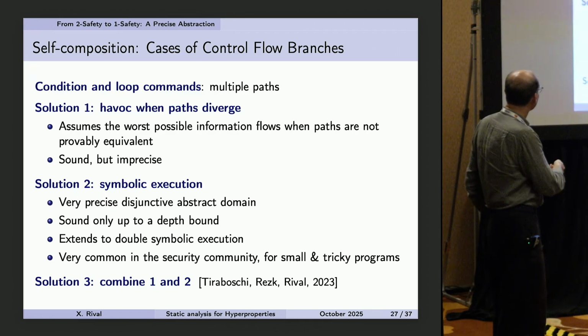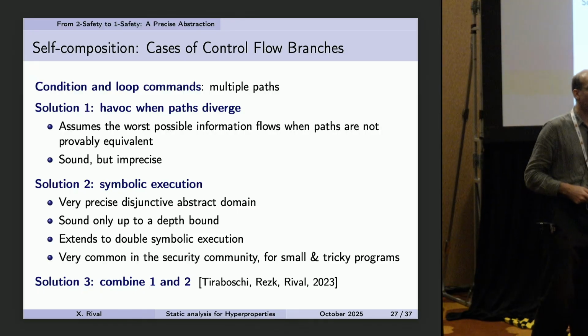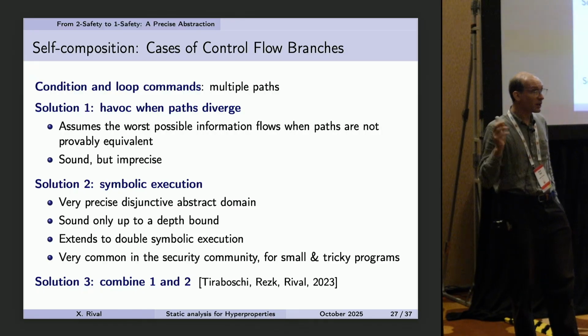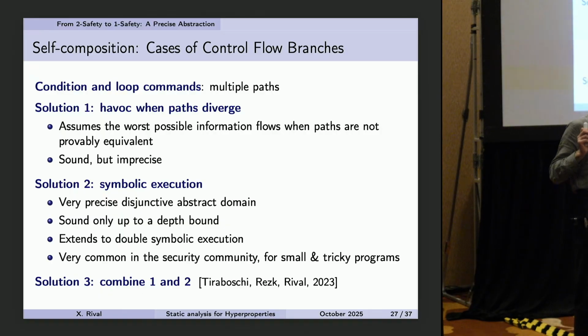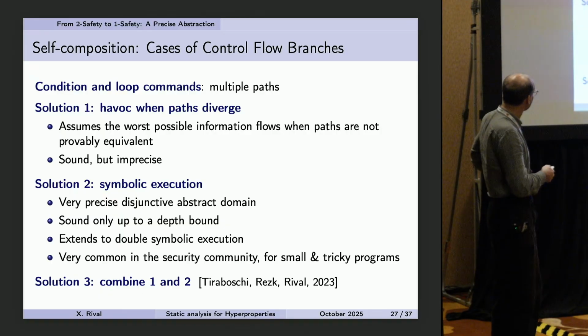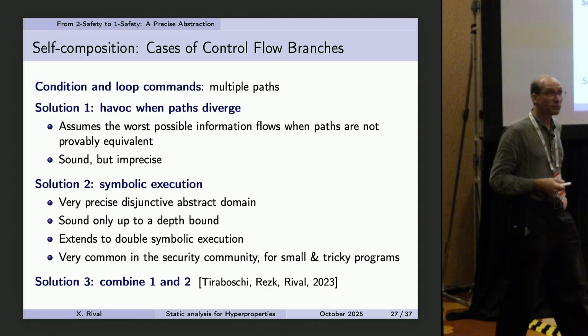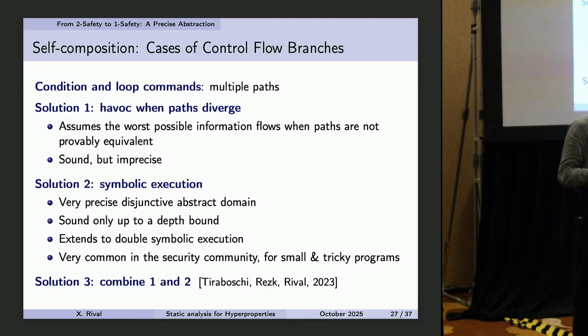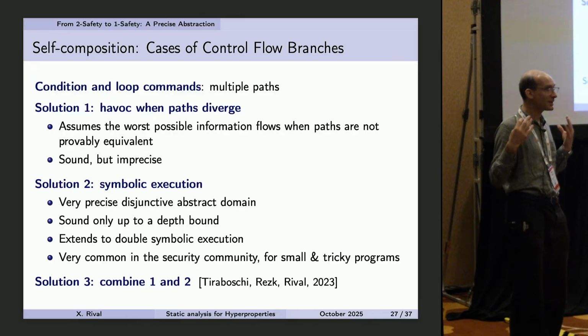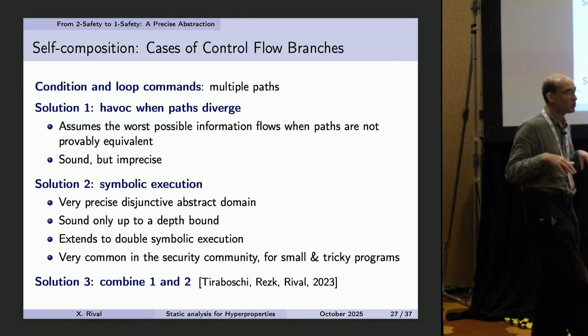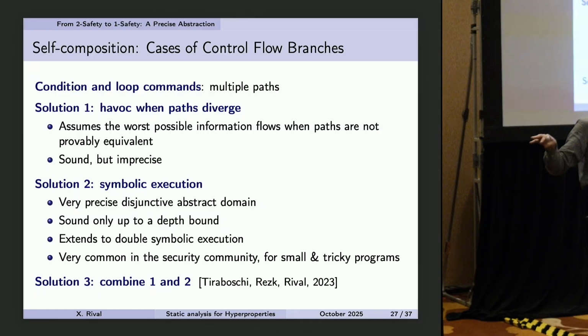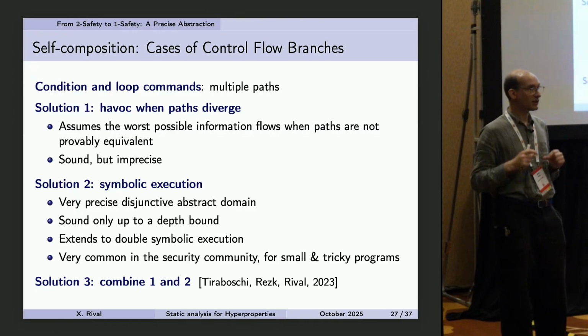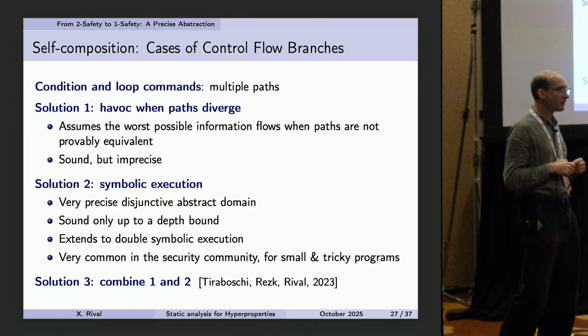What is a little bit better is to call a different abstract domain to the rescue, which is based on something very popular in security, as my colleague told me: to do some symbolic execution and turn it into an abstract domain. This is of course very expensive for someone used to static analysis like me, but people in security do it very often on smaller pieces of programs that are very challenging to prove.